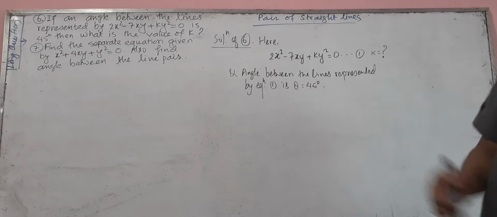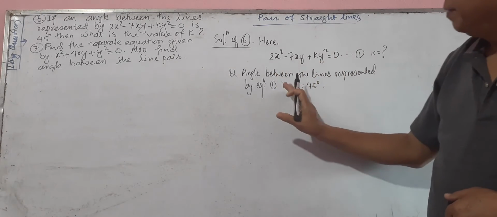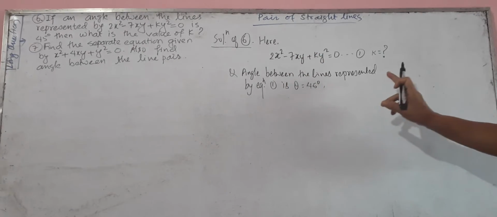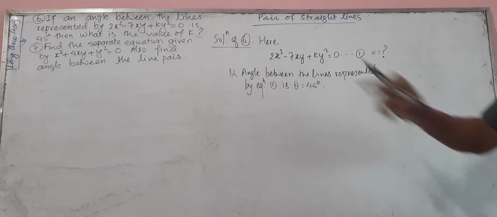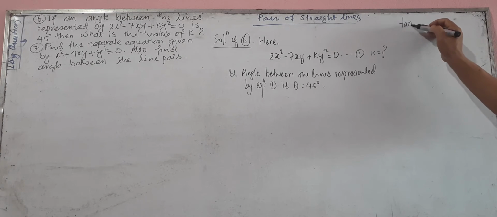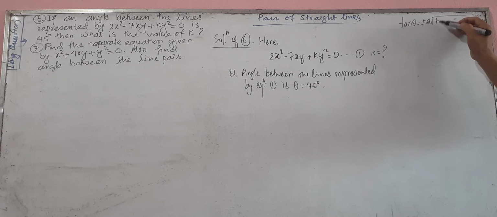So we are given the angle between the line pair given by this homogeneous equation of second degree. We know that the angle is given by the relation tan theta equal to plus minus 2 root over h square minus ab whole divided by a plus b.